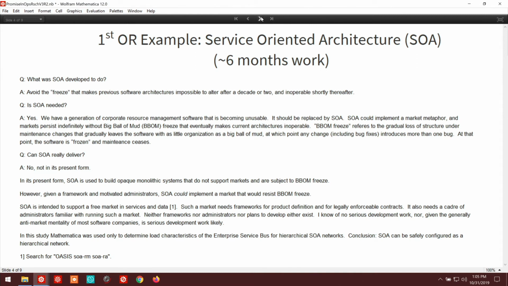Now, a big ball of mud freeze refers to the gradual loss of structure under maintenance changes. This gradual loss of structure leaves the software with as little organization as a big ball of mud, hence the name. You can look up big ball of mud in Wikipedia if you want to. That's a very good metaphor.